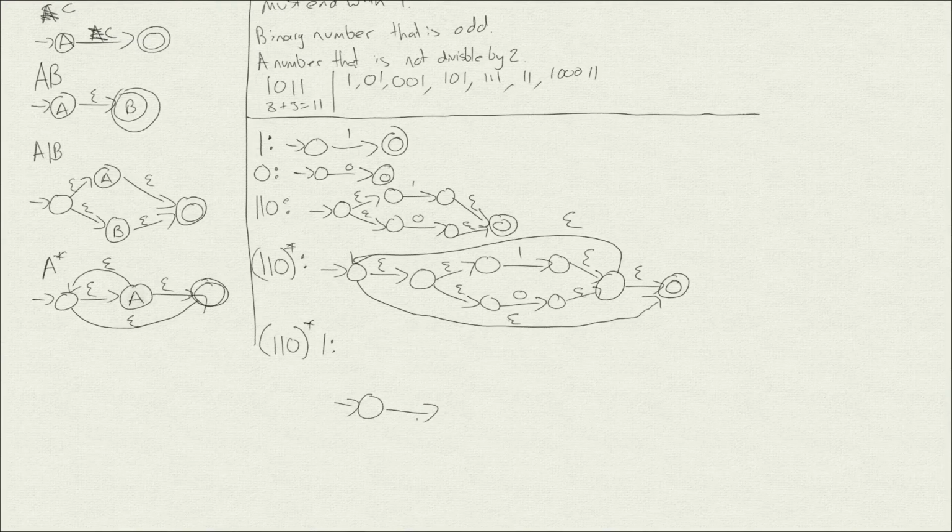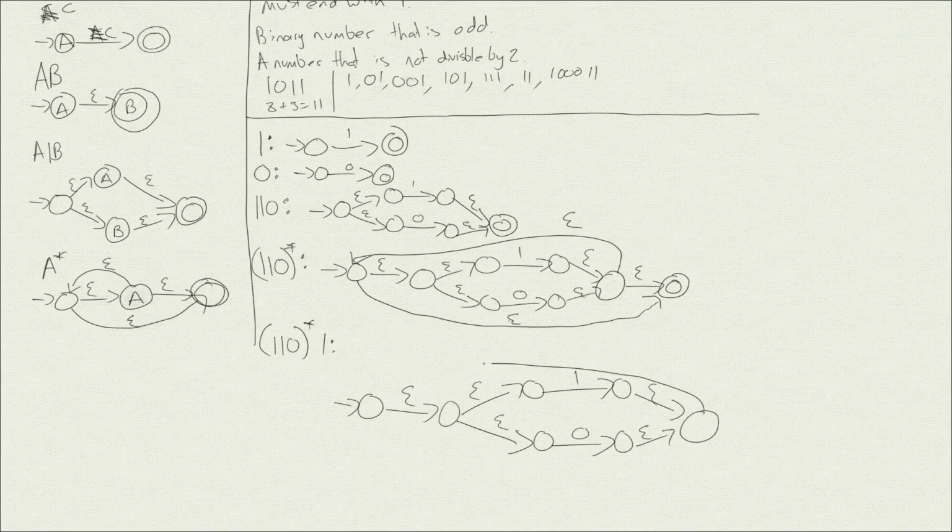So it'd be epsilon, epsilon, epsilon, 1, 0, epsilon, epsilon, epsilon, epsilon, it's not finishing anymore. So epsilon, followed by the character C, which is 1 in our case.